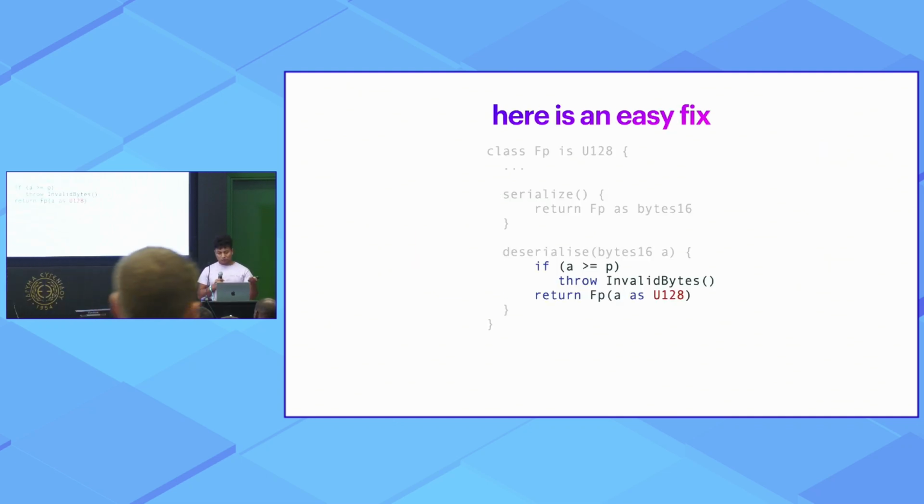One possible way is to just fix deserialization, so only allow canonical representation, which is a one-to-one mapping. If you do it this way, then you can make sure that higher level protocols don't have to think about it. The fix is very easy. You check if the number that you got is actually lower than the order. Otherwise, you throw an error.